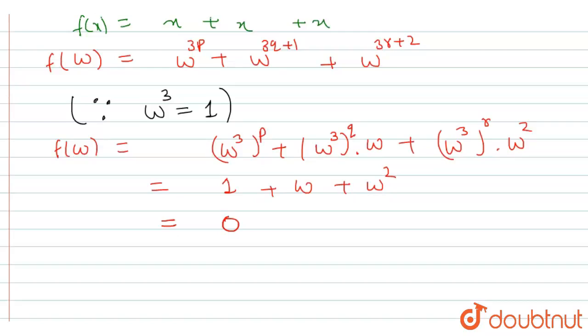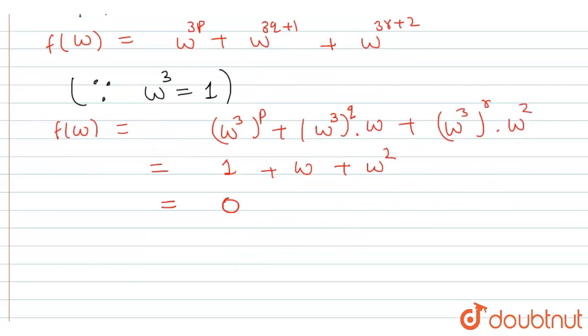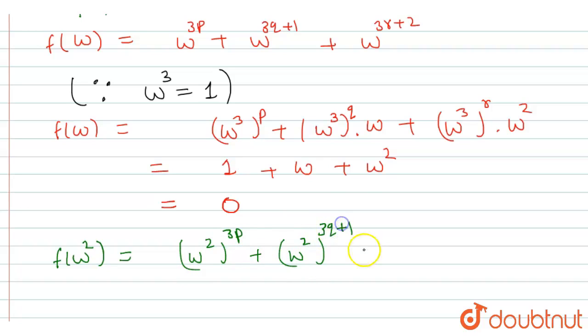On putting f of omega square in f of x, it will be omega square to the power 3p plus omega square to the power 3q plus 1 plus omega square to the power 3r plus 2.